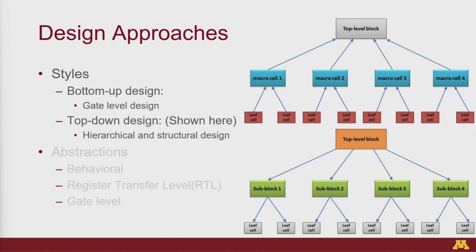So then you break down the functionality into subblocks, and you further break down the subblocks till you finally reach a bunch of leaf cells, right? A lot of what we do in this tutorial and in this course is, once we're given a problem, see how to break it up into smaller blocks and then implement it in Verilog. So this will be the majority way we'll be talking about any sort of design here.